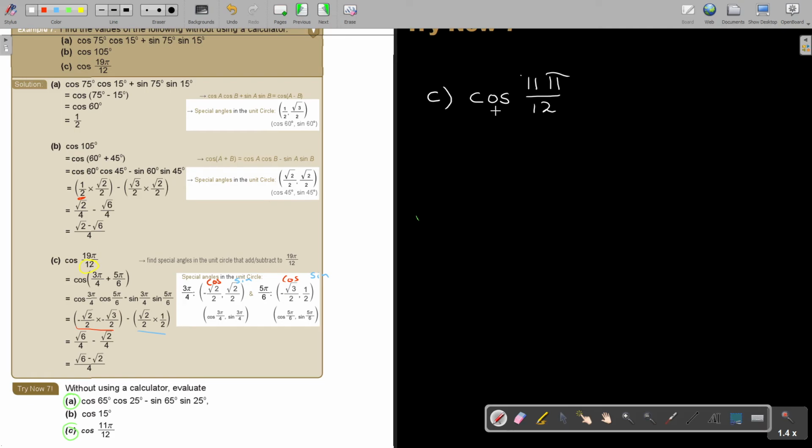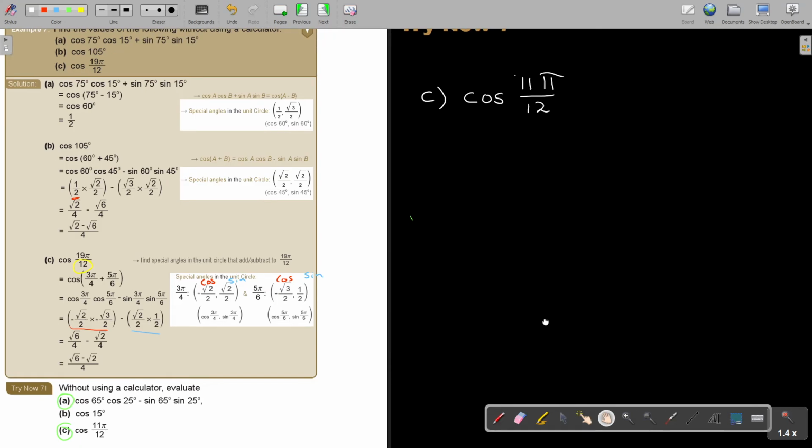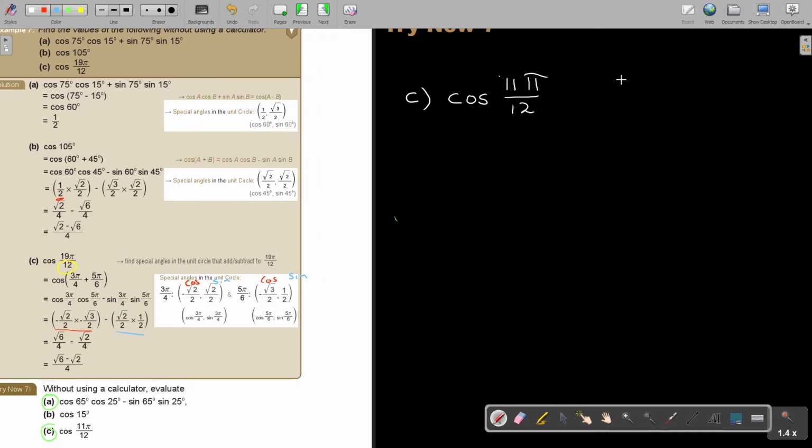So in this one, again, I must first get that combinations. Now, just like I showed you previously, let's just go a little bit to the side and let's just think. I have pi, that color is not good for me, make it yellow. I have pi over 3, pi over 4, pi over 6. Okay, I prefer making the denominators the same, then I can compare.